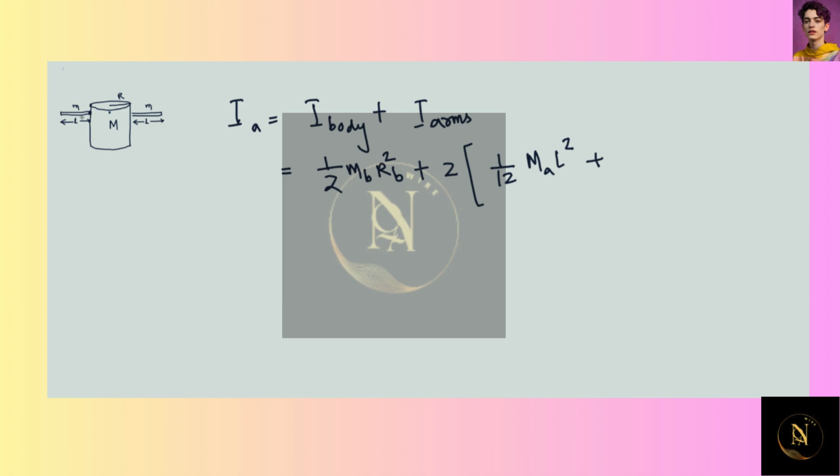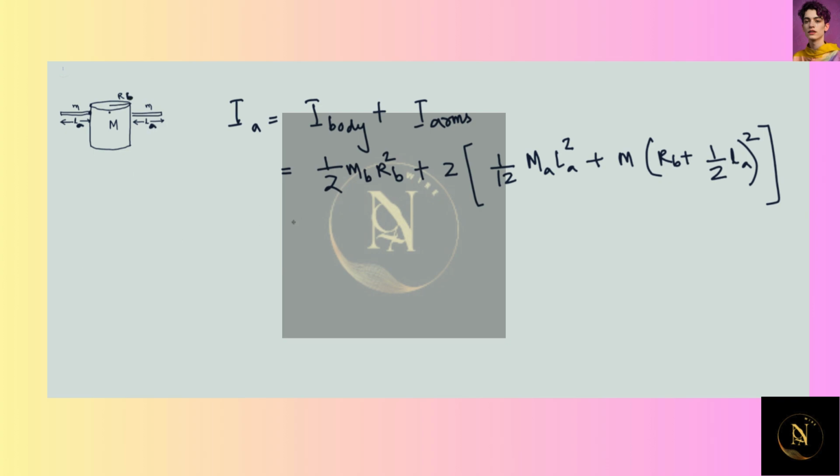So that will be equal to mass times the total length, which is the radius of the body or of the cylinder, plus half of the length of the arm, squared. So I forgot to mention A here.